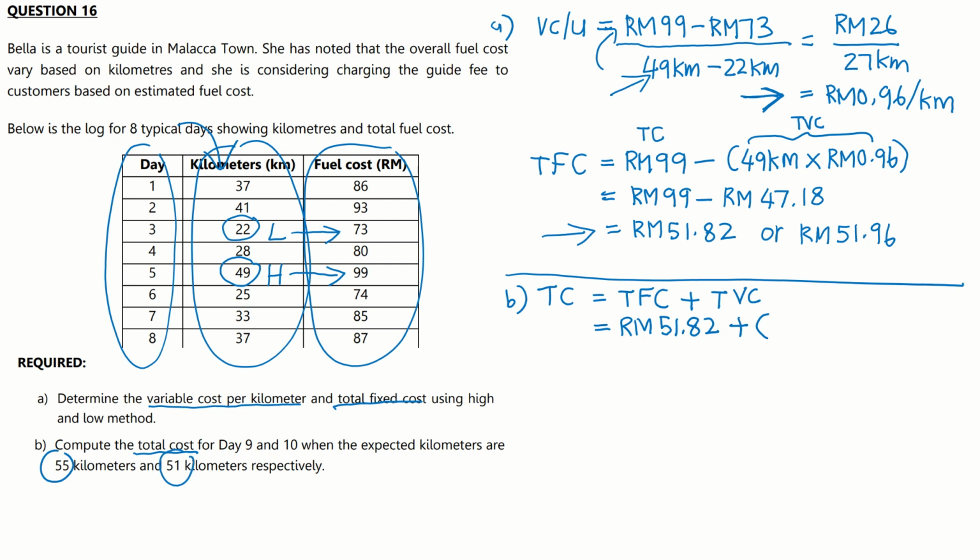I'm doing the 55 kilometers first. I insert the 55 kilometers and multiply it with the variable cost per unit from earlier, the 96 cents.